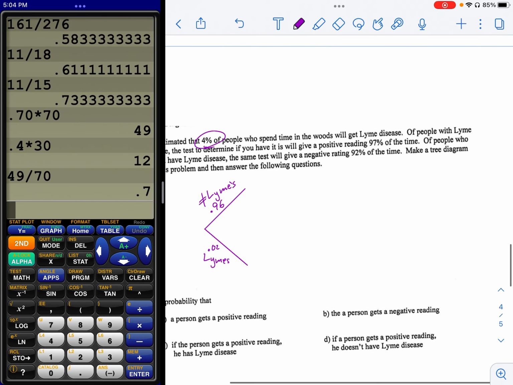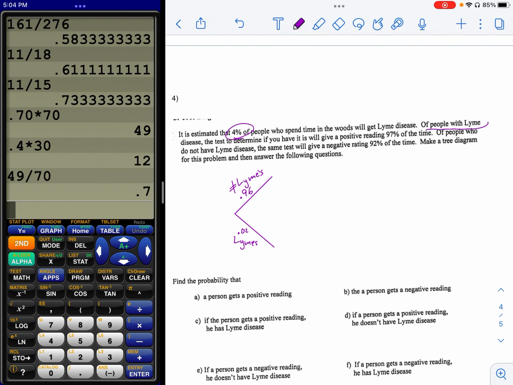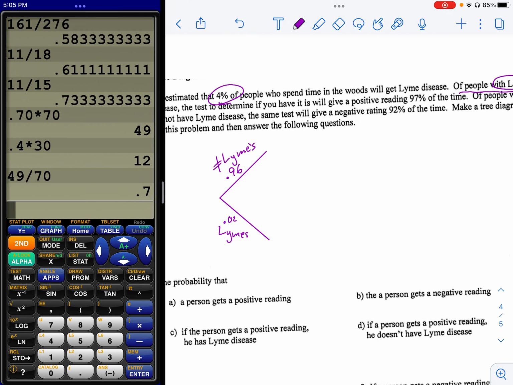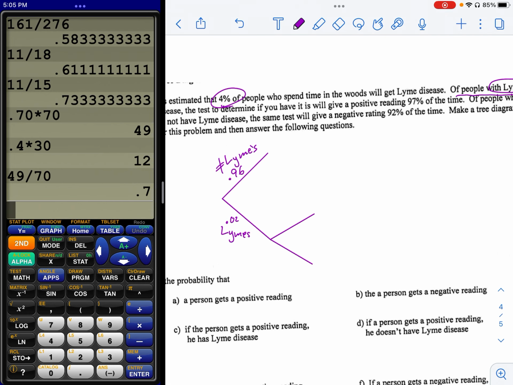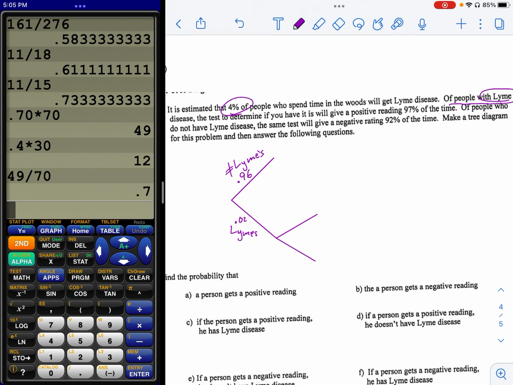This is where it gets a little bit crazy. Of the people with Lyme's, okay, so that's this branch down here. They're going to take the test. Sometimes the test will say positive, and sometimes it will say negative. Of the people with Lyme's, they take a test, and it will have a positive reading 97% of the time.